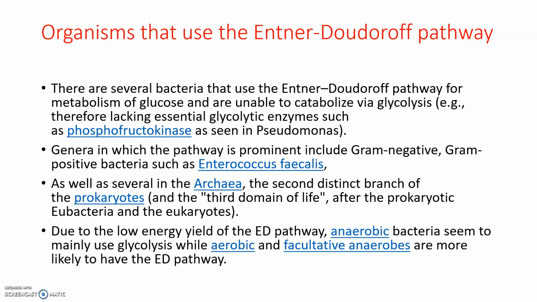It is also present in the archaea. Archaea is another branch. Originally they have characters similar to prokaryotes, but they are not prokaryotes. So they come in between the prokaryotes and eukaryotes.